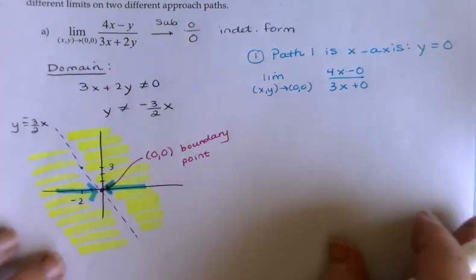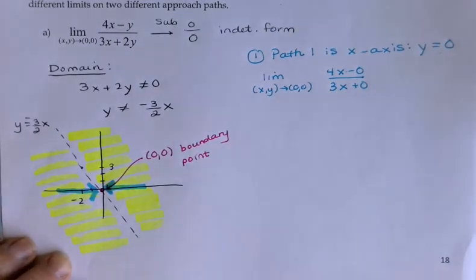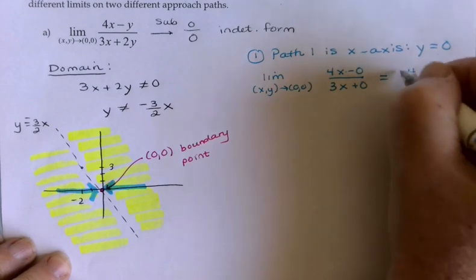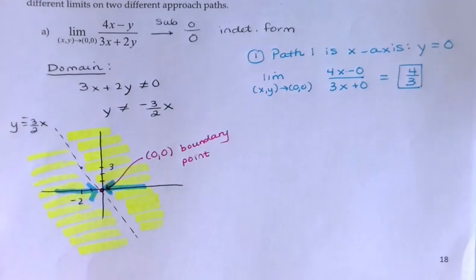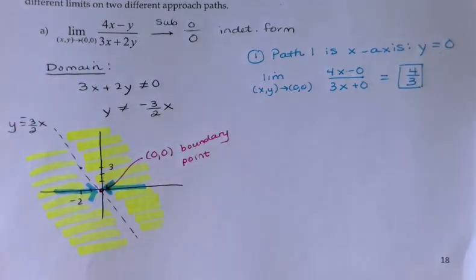And of course now I get something that I can simplify. 4x over 3x is just 4/3. So along the first path, my limit is 4/3.